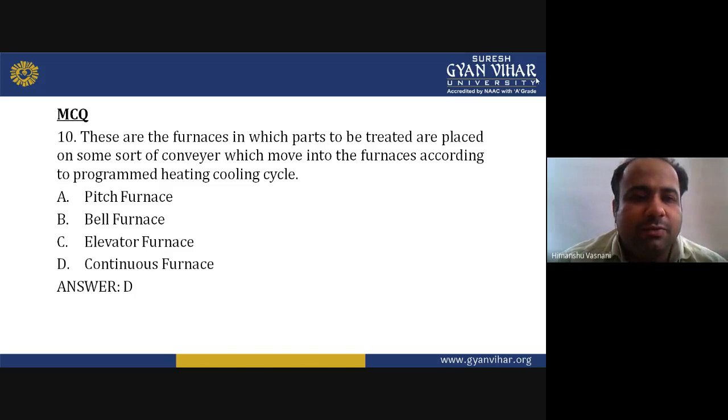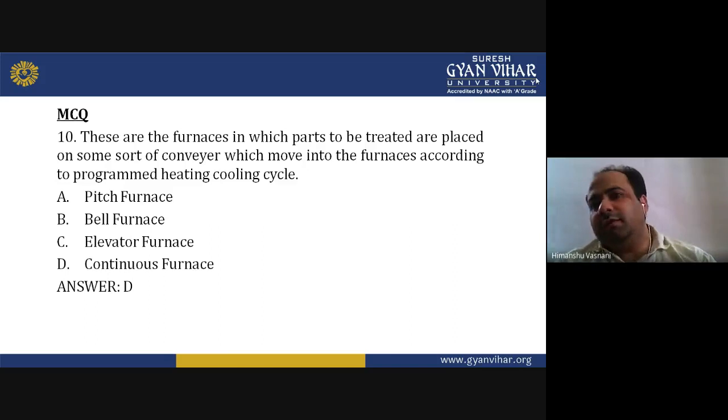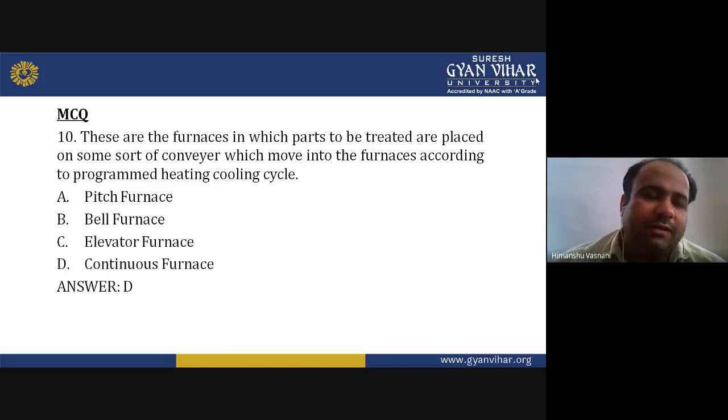So these were the MCQs for today, and I hope I tried to explain these MCQs in a better way. The topics that we studied today were important in terms of knowledge, because when we talk about heat treatment, then furnace comes to our mind. So we should know the different kinds of furnaces that are available in the industry. Secondly, if you talk about heat treatment, then what are the defects that you face when you do a faulty heat treatment?